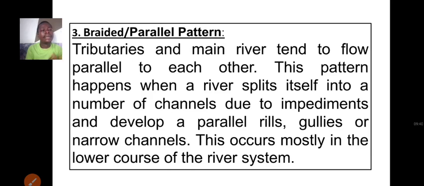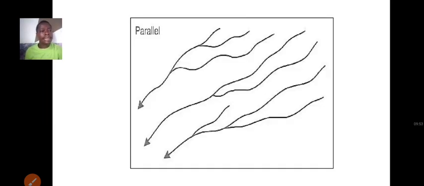That pattern is called the braided or parallel pattern. They will be seen lying beside one another in a parallel direction. So this is what is called the braided pattern.